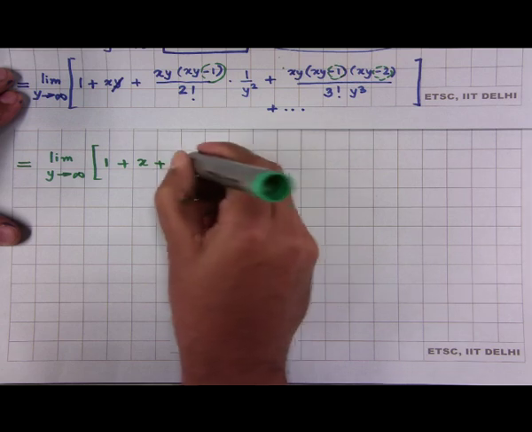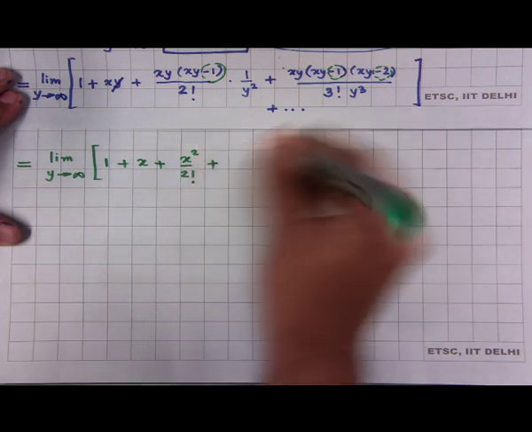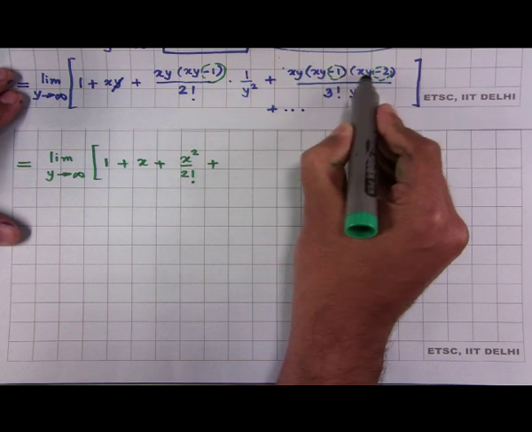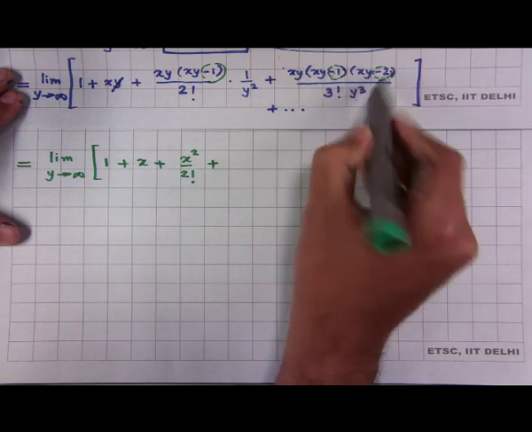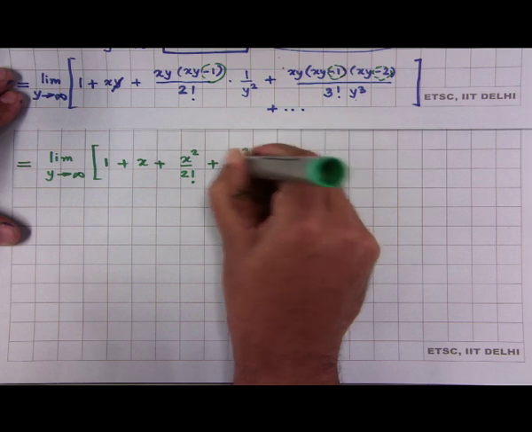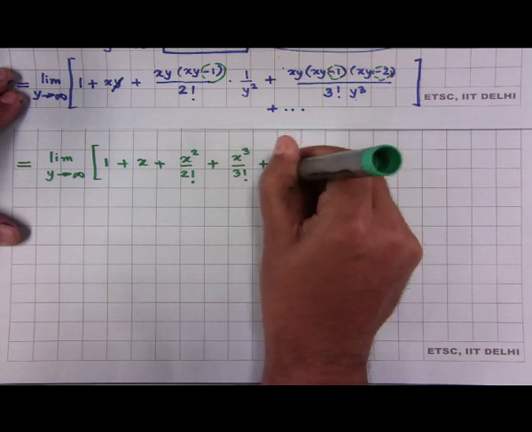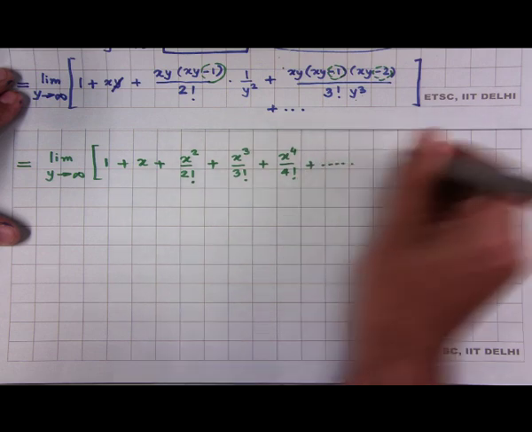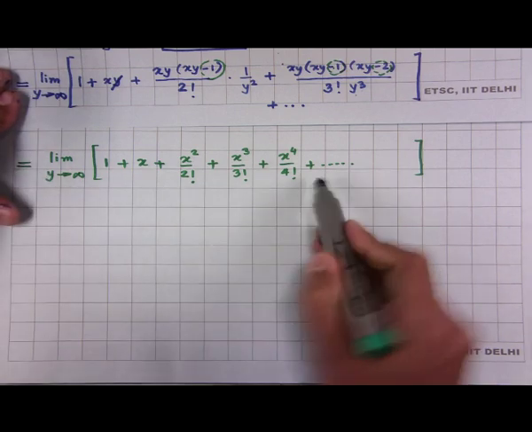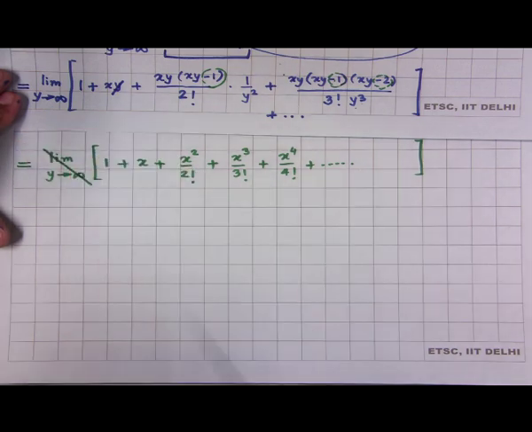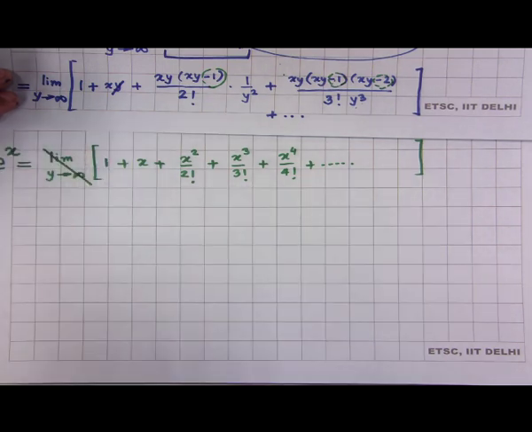So, x squared by 2 factorial plus x y minus 1 x y minus 2 by 3 factorial y cube. So, these terms go away, y's go away, I get x cube by 3 factorial, and then I will have x power 4 by 4 factorial, and so on and so forth. And of course, limit y tends to infinity is irrelevant, because there is no y inside this. So, I do not have to bother about this. So, this whole thing is e to the power x.